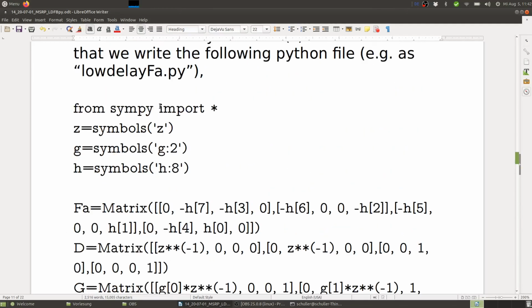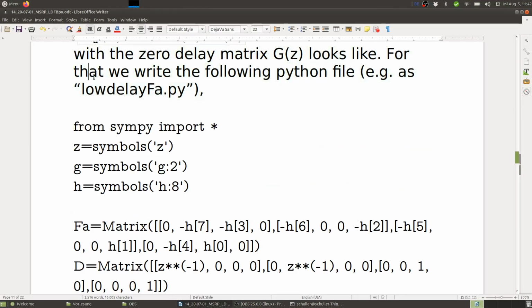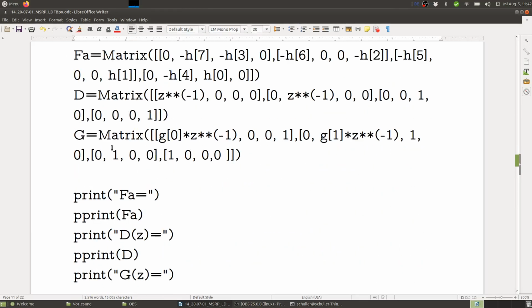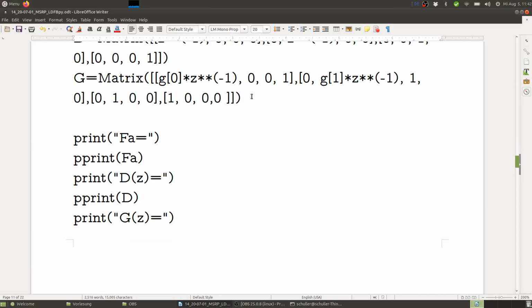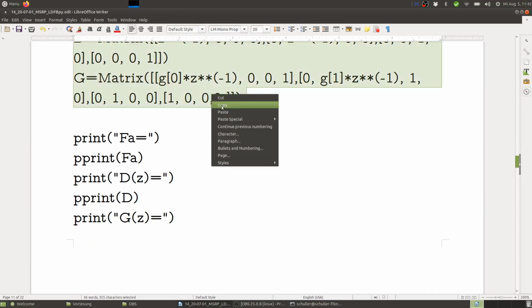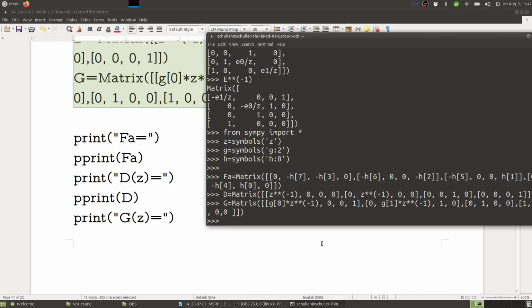So let's try that. So I just copy and paste this, starting from here. So I'm staying in Python, going down here, copy, paste. So now we can see the FA.